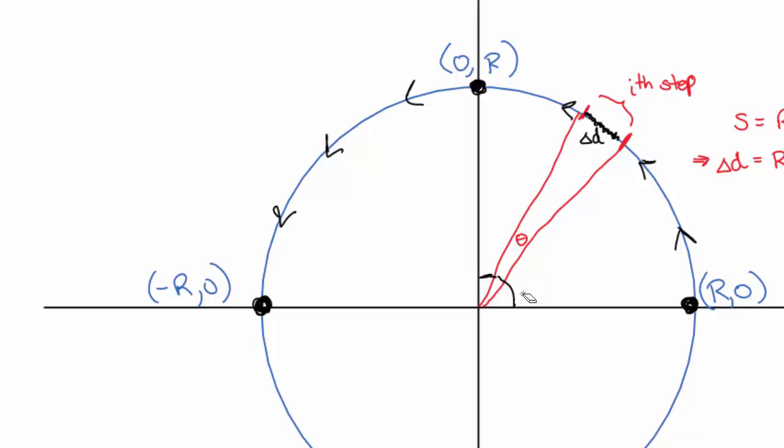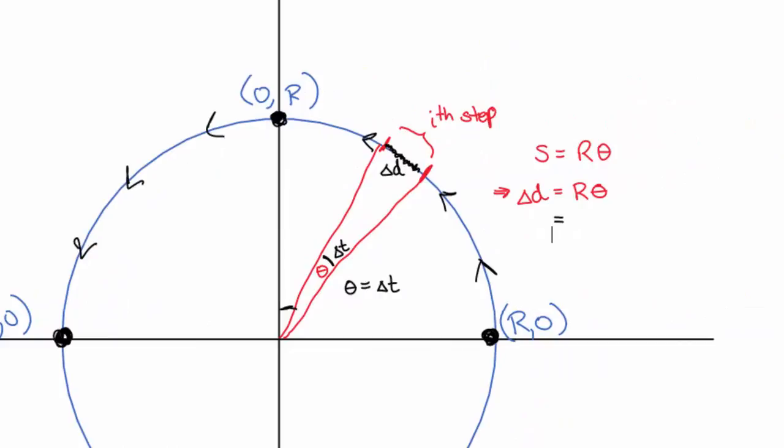So if I want to talk about this sliver, this sliver is just a wiggle in time. In other words, the theta that we see in that sliver is just a wiggle in time. Since theta is the same thing as the time, that little theta right there, which is technically a wiggle in theta, is a wiggle in time. And so now I can say, all right, well, the delta d, the change in distance, is r times the change in time.